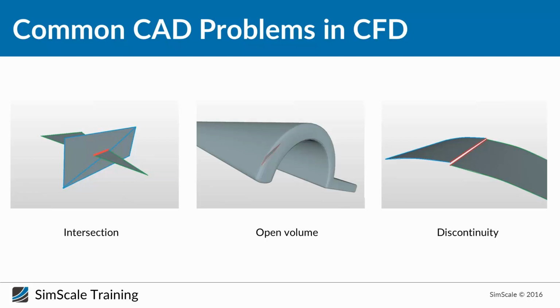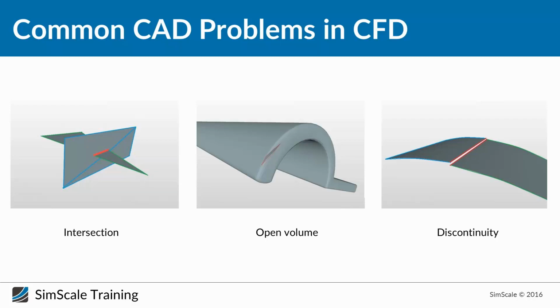Personally, I've never worked in simulation without facing this problem. When you work in CAD, sometimes you have to trim two surfaces with each other, and sometimes you forget, or the constraints in the CAD are not really tuned, so there is an intersection between the two surfaces.